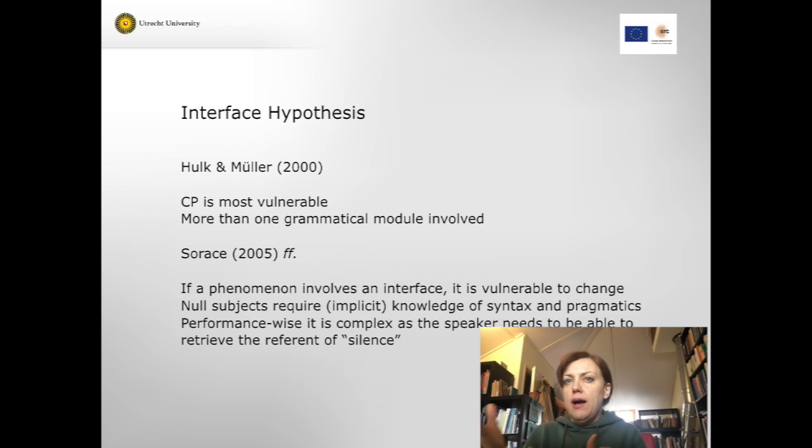You don't have to have a choice between the possible referents. You resolve the ambiguity. In other words, what you do is you delete an interface. You just eliminate the interface with discourse. You eliminate that part of the process for establishing reference.